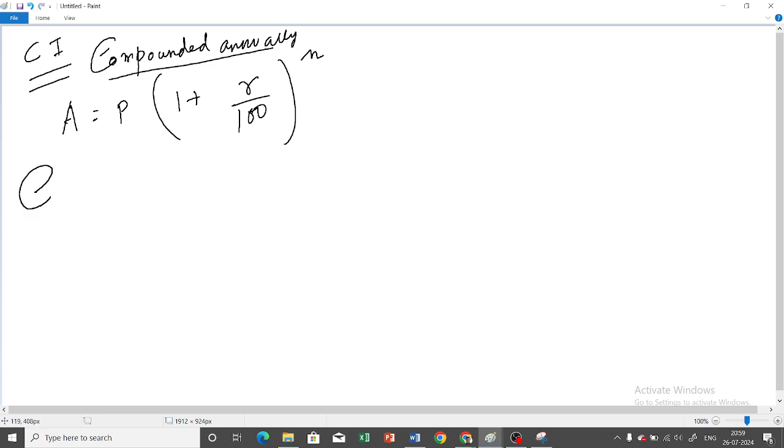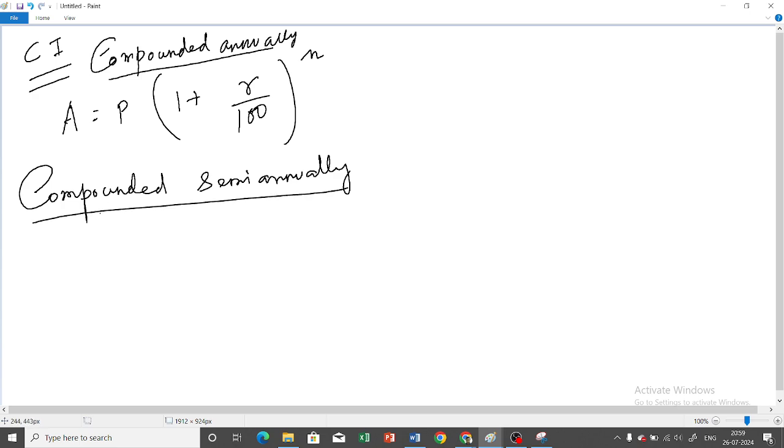Now compounded semi-annually. That means after every 6 months interest is given.